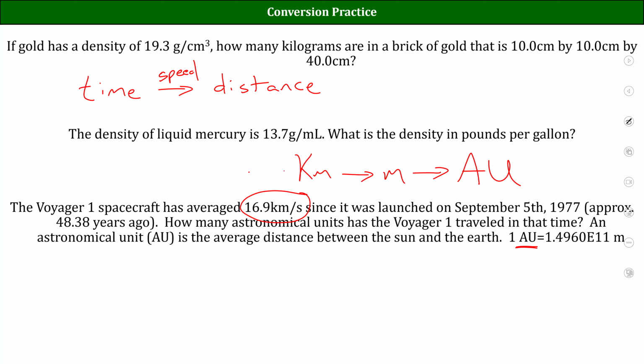What's the unit before kilometers? Seconds. Right, so this is the step where we're using the speed. And if I'm trying to get to seconds, there's only one other number in here, we have 48.38 years. So we're going from years to seconds to kilometers to AU.